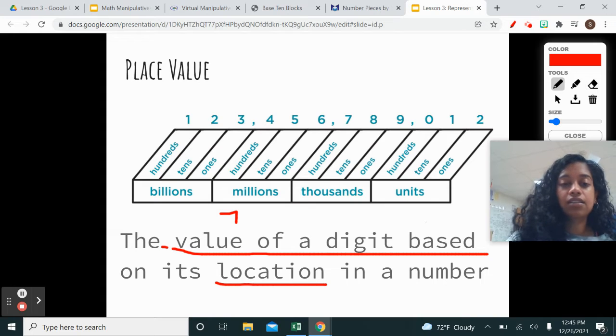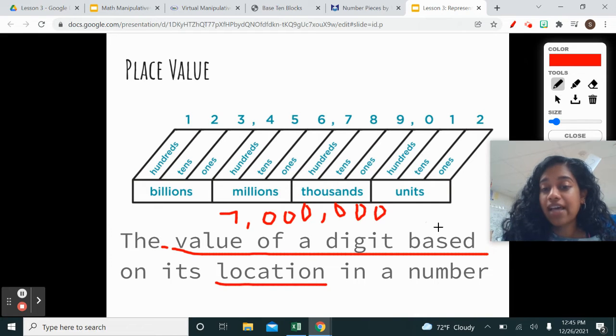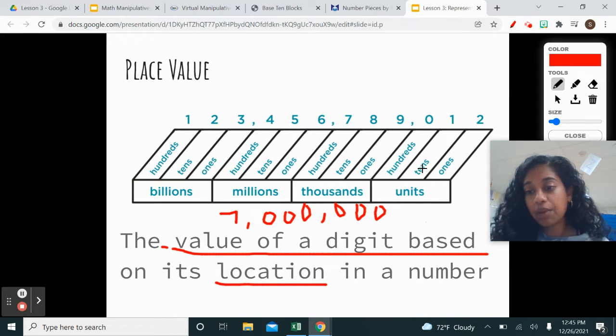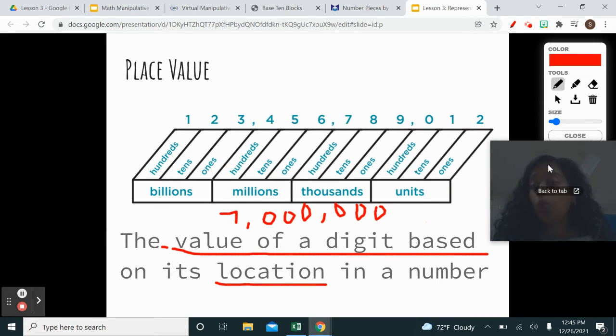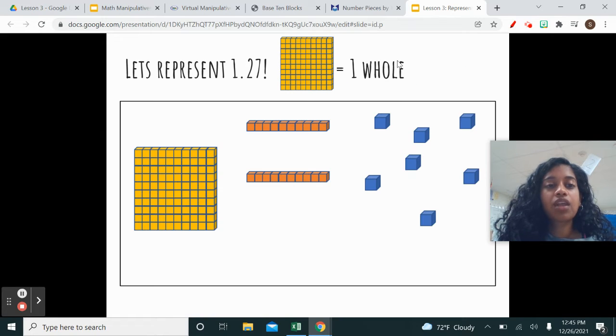We have ones, tens, hundreds, thousands, 10,000s, 100,000s, millions. That would be our 7 millions. That changes the value of our number. So based on where we put our digit depends on how much our number is worth.